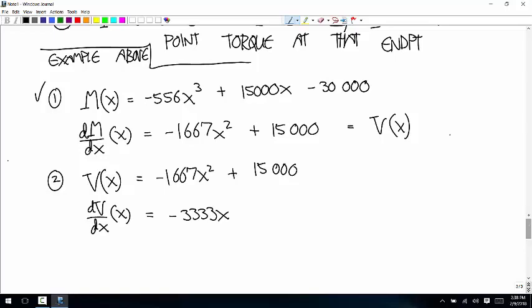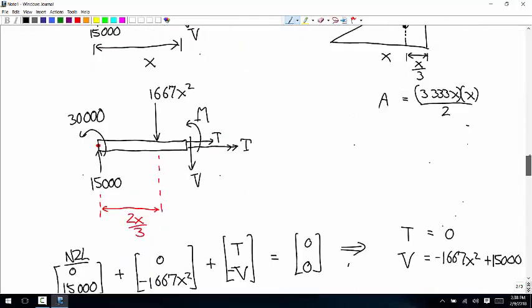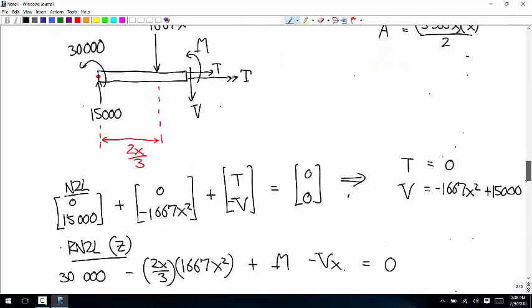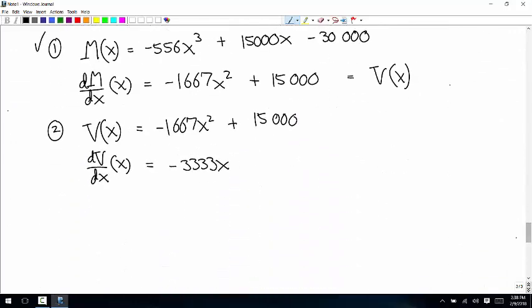So what is the distributed load function, you may ask? So that's this. This is equal to negative Q. Check.